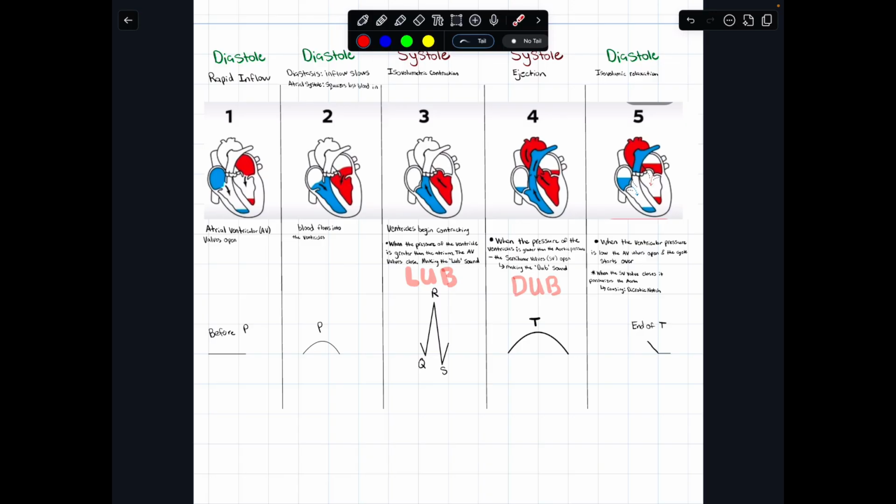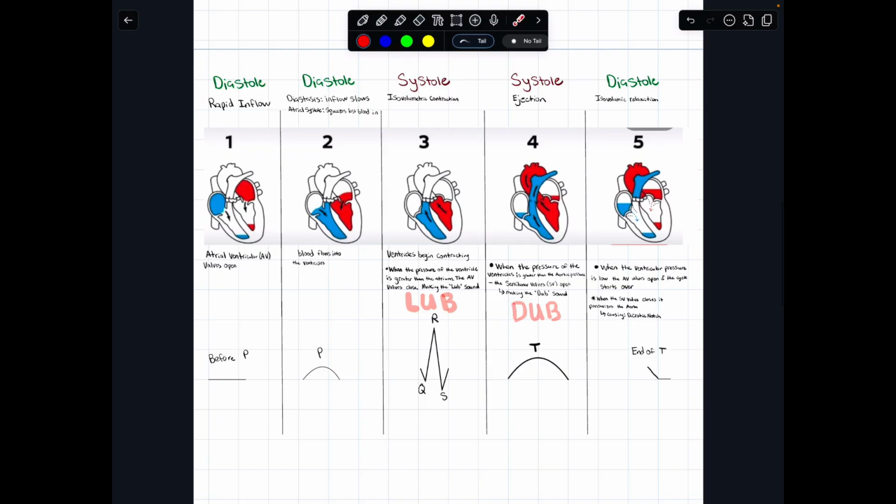Diastasis is when most of this comes in, it starts to slow down. And then our atrial systole is when the atrium squeezes to get kind of the last little bit of that blood out. And that represents our P wave, right? Because that's our atrium squeezing. Then we have our big systole. This is our isovolumetric contraction.